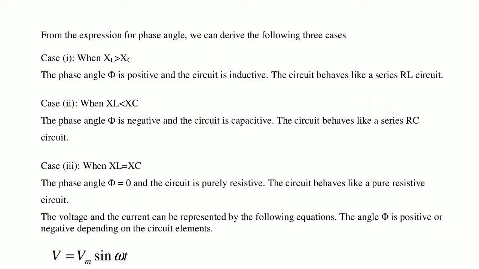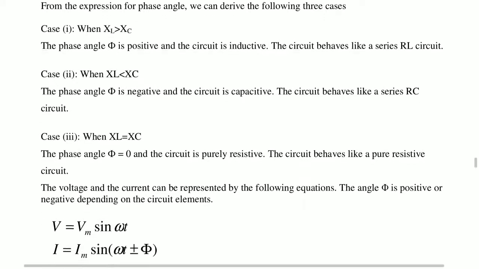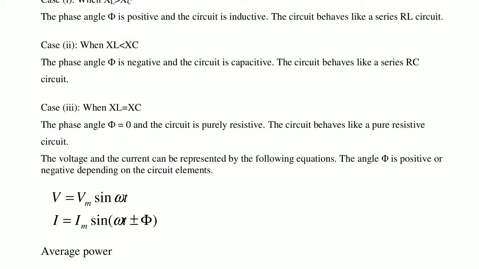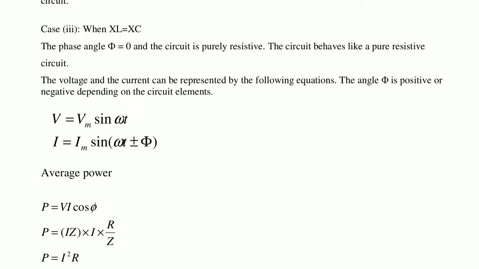So, a purely resistive circuit. Now the voltage and current can be represented by the following equations. The angle phi is positive or negative depending on the circuit elements.